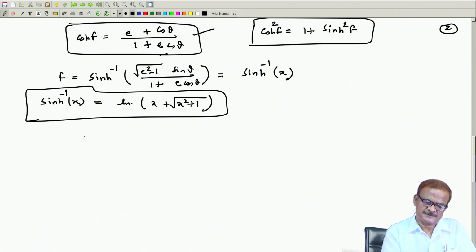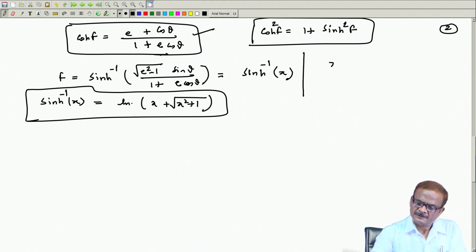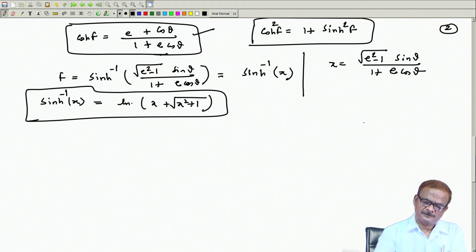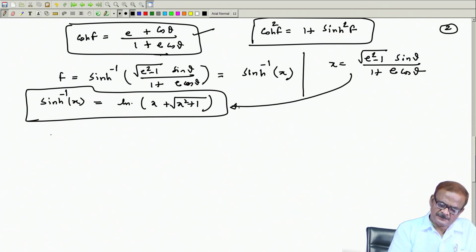So this implies that x is under root e squared minus 1 times sin theta divided by 1 plus e cos theta. Okay. And then we insert it here in this equation.